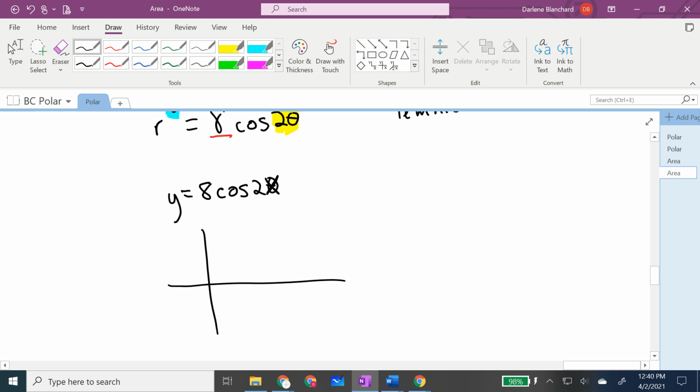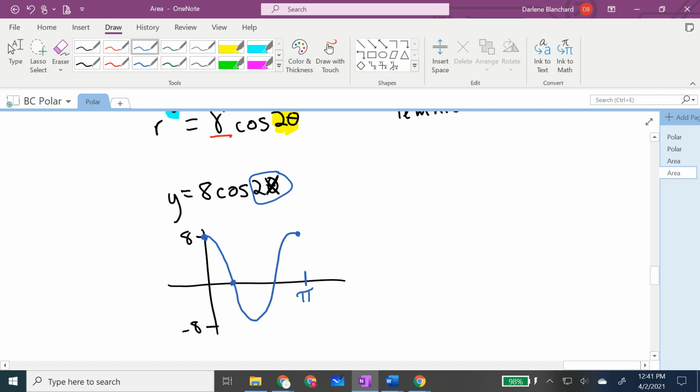So if I have 8 times cosine 2x, the 8 just creates the amplitude, and then the 2 multiplied by the x squishes it. I'm doing my basic cosine graph. Normally I finish at 2 pi, but whatever x is multiplying by, I need to do the opposite operation to the x values, and I'm going out to pi instead of 2 pi.